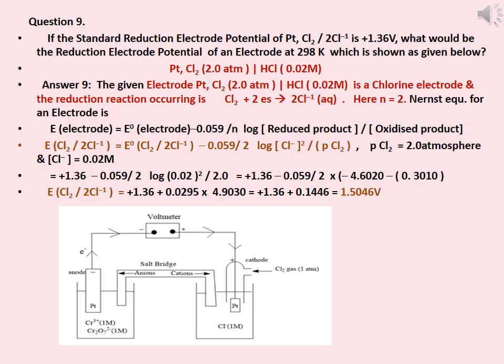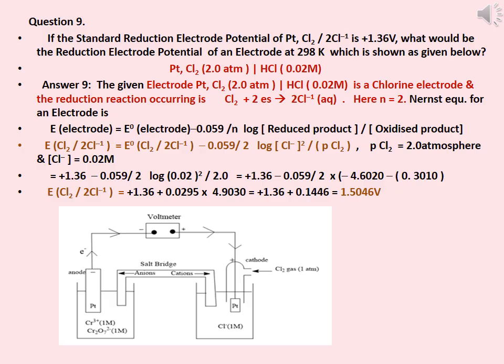So, applying this general Nernst equation to our given electrode, we get E Cl2 bar 2Cl minus is equal to E naught Cl2 bar 2Cl minus minus 0.059 by 2 log of molar concentration of Cl minus the whole square divided by the oxidized product, which is chlorine gas. So here the concentration is in terms of partial pressure.